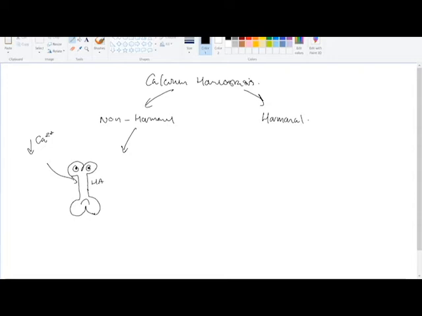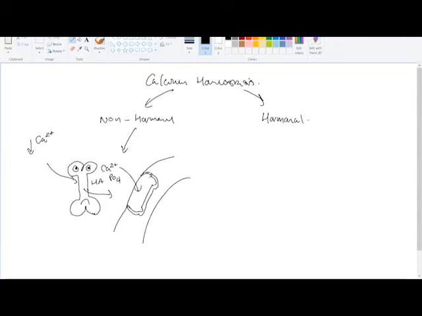The hydroxyapatite crystals contain calcium, and they also contain phosphate. So this causes the bone to release calcium and phosphate into the extracellular fluid, where it will eventually work its way into the surrounding vasculature.